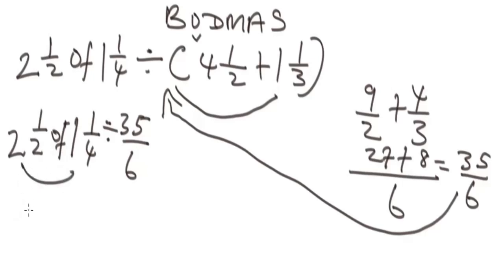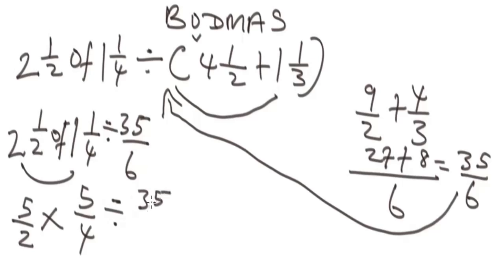Let's simplify this of. It's going to be 2 times 2, 4 plus 1, we have 5 over 2, times 4 times 1, 4 plus 1, we have 5 over 4. Divide 35 over 6. After our of, we have the division.